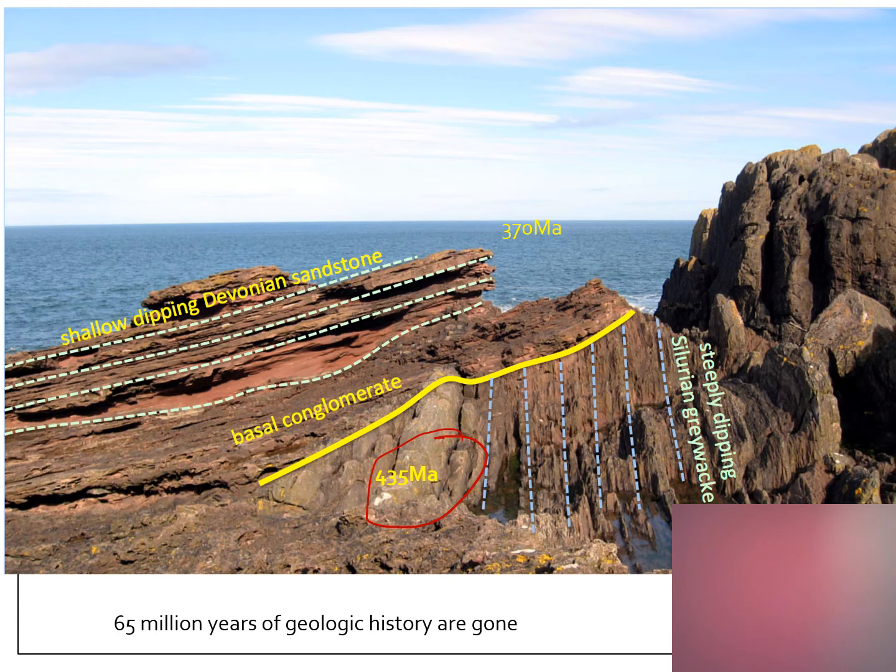And sitting on top of this erosion surface are these Devonian sandstones, which are about 370 million years old. So between the top part of the greywacke and the bottom part of the sandstone, there's 65 million years of geologic history that we don't have. We don't know what was going on, but we can bet that there was something going on. 65 million years worth of something.